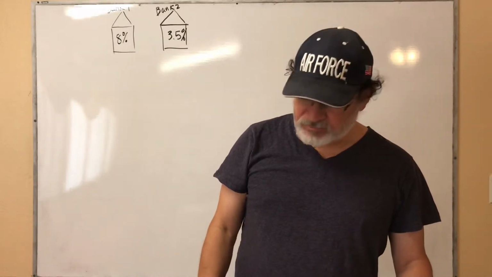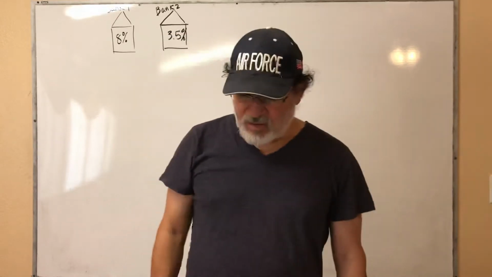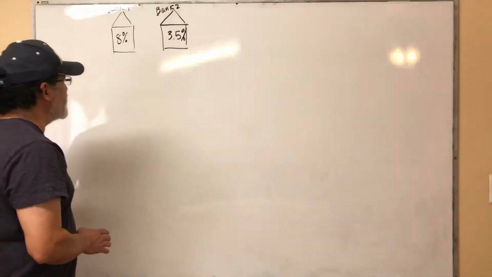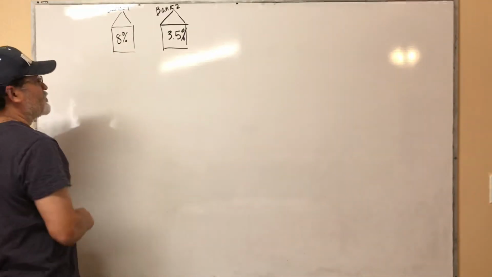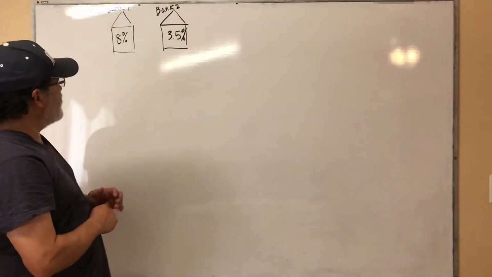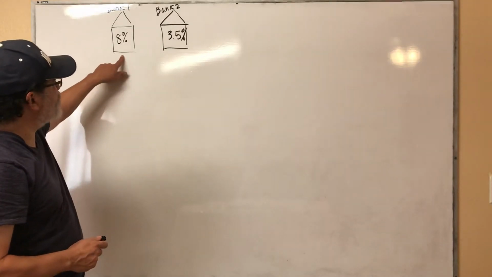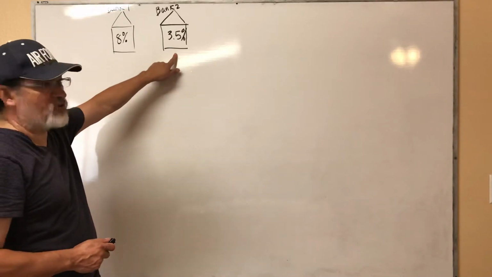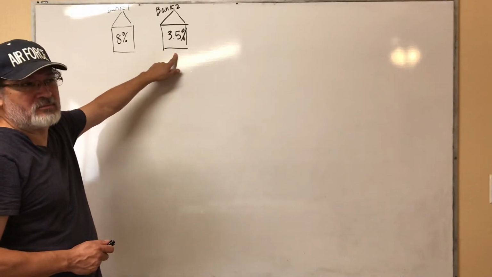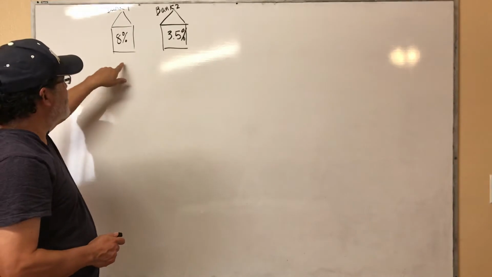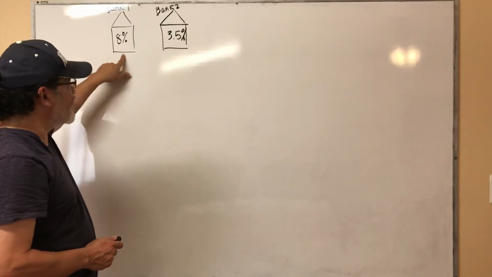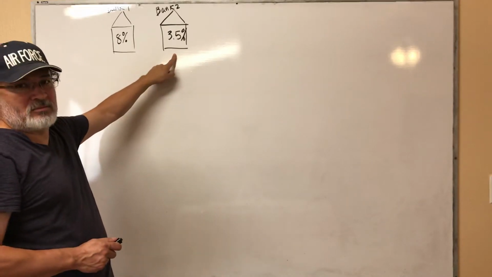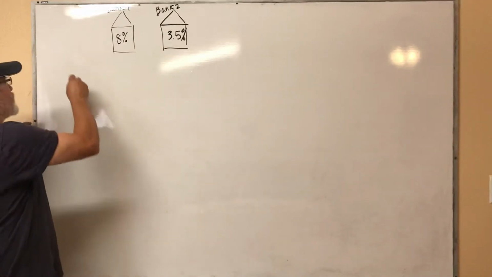So $15,000 is going to go into 2 banks. If he puts $10,000 here, then the rest is going to go to the 3.5%, so that's going to be $5,000 here. If he puts $13,000 there, well then this one is $2,000. So these are examples.